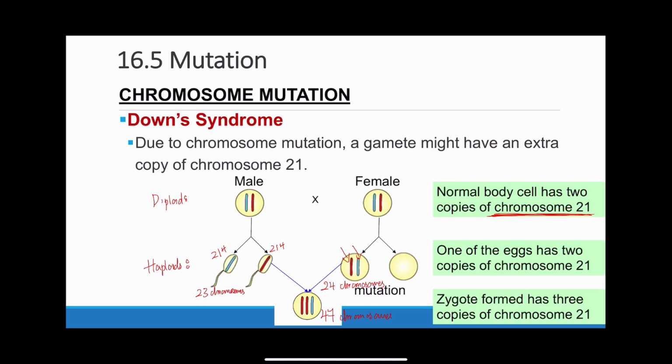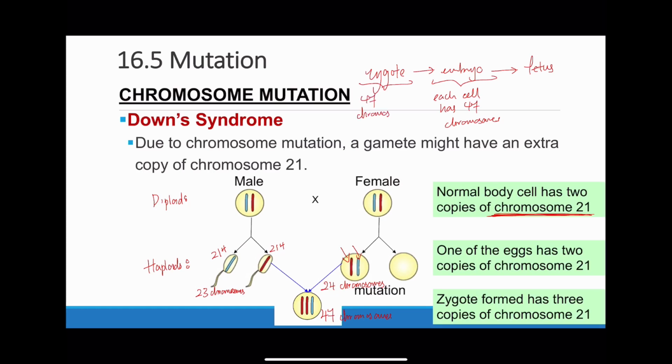And like what you learned before, when the zygote is formed, it will further divide to form the embryo. The embryo will then implant itself into the uterine lining and you'll form the fetus, etc. This means that from this point onwards, each cell will have 47 chromosomes because the zygote already has 47 chromosomes.